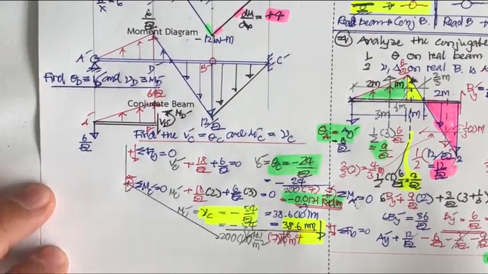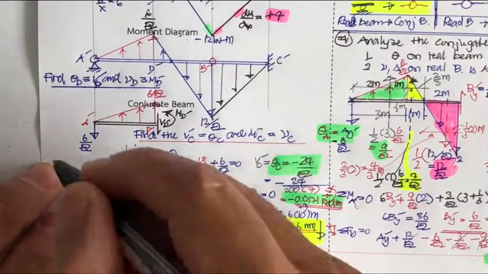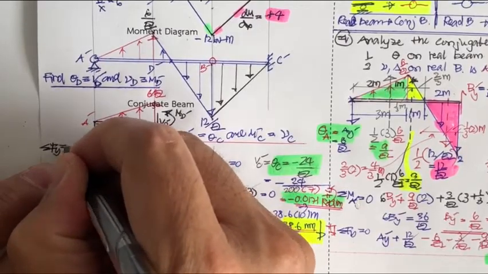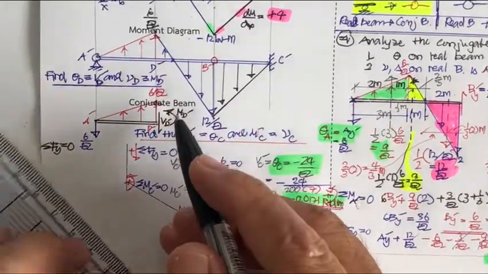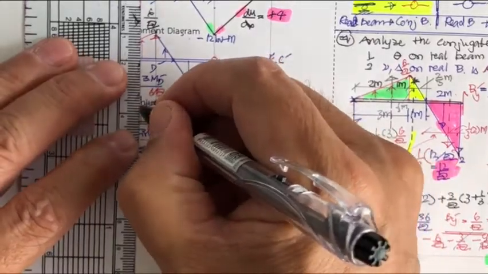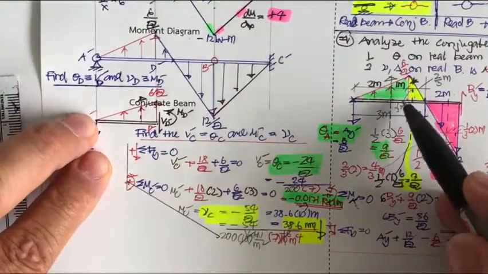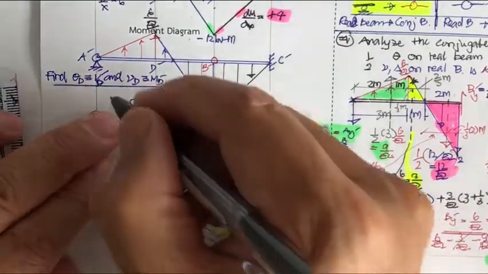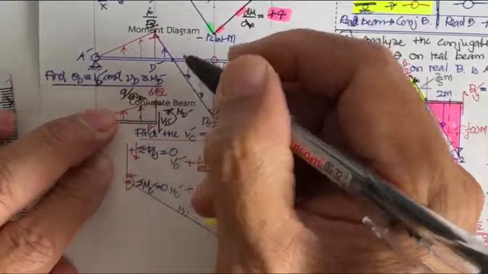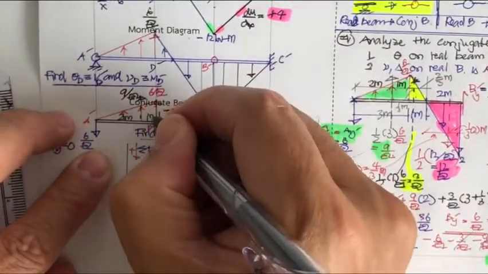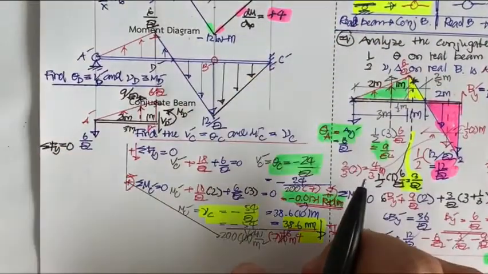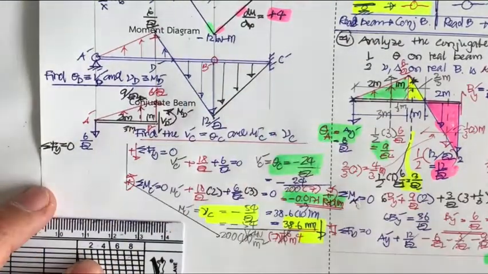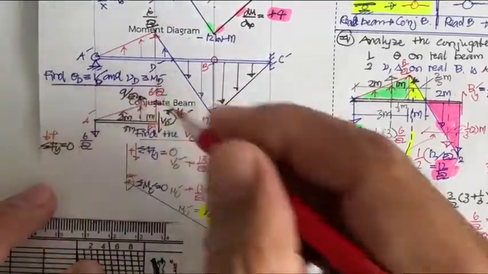And if you would like to start, we may start by summation of F sub y equal to 0. And if you may recall from here, the resultant force here is going to be 9 over EI. This is 9 over EI. And this is 2 meter, this is 1 meter, that is a total of 3 meter. Okay, so V sub D prime is downward, so downward is positive.